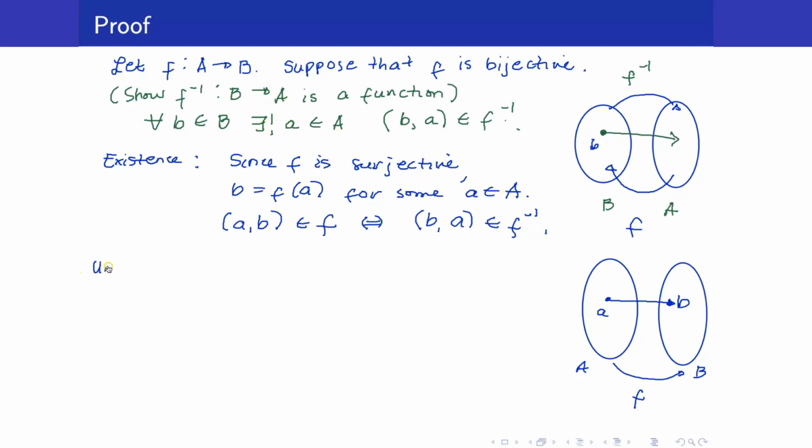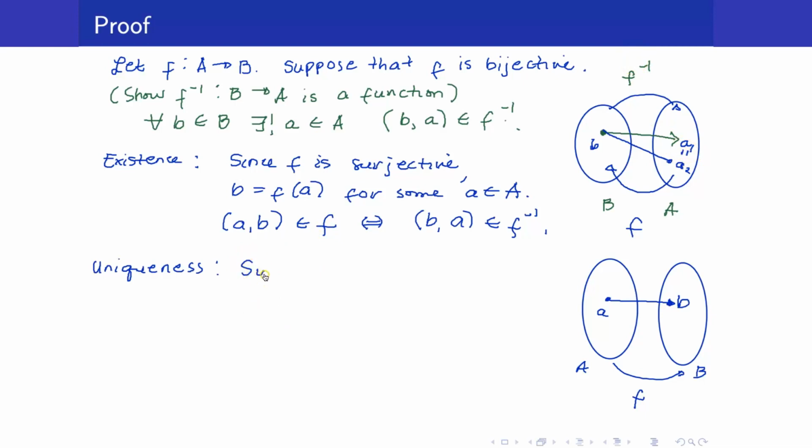Now for the uniqueness, okay, how do you show that there exists exactly one a here? So suppose that there are two, right? So a1 and a2, and suppose that they are second coordinates. What do we want to show for uniqueness? We want to show that these two are equal.